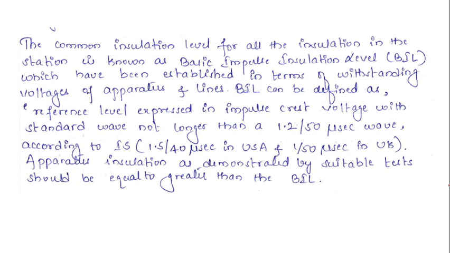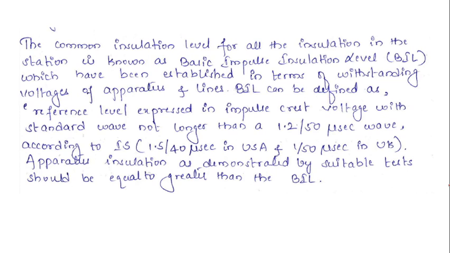According to IS, it is 1.5 by 40 microsecond in USA and 1 by 50 microsecond in UK, where 1.5 is nothing but the surge voltage reaching its maximum peak value, and 40 microsecond is the time to decay to its 50% value. So different values are there for USA and UK.